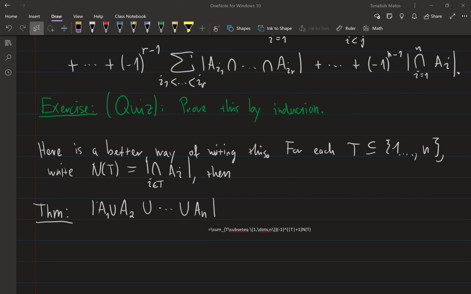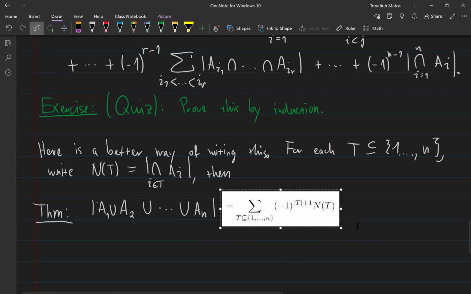Okay, nice. Let me just paste this so that the notes are somewhat completed. There we go. That's a much shorter, nicer way of writing this.